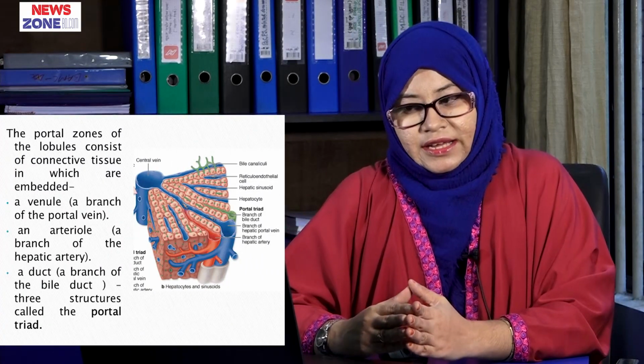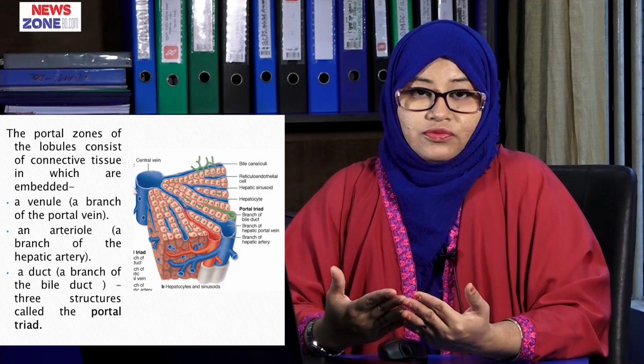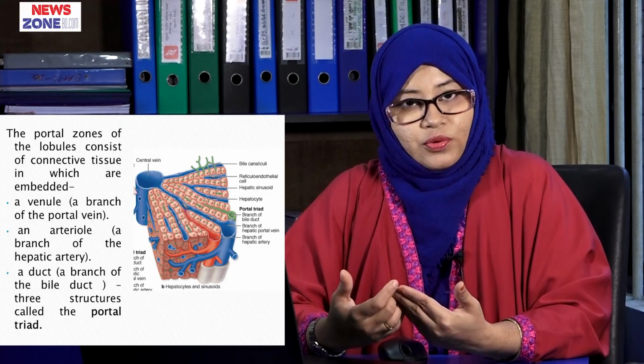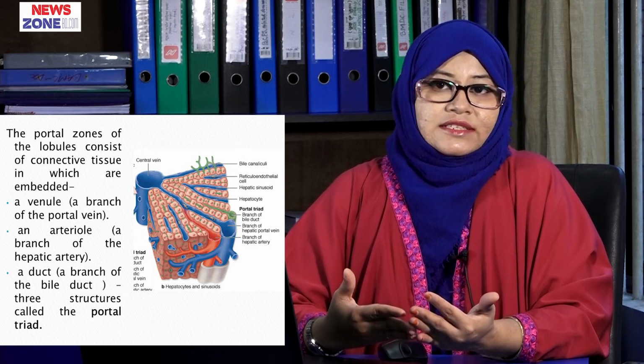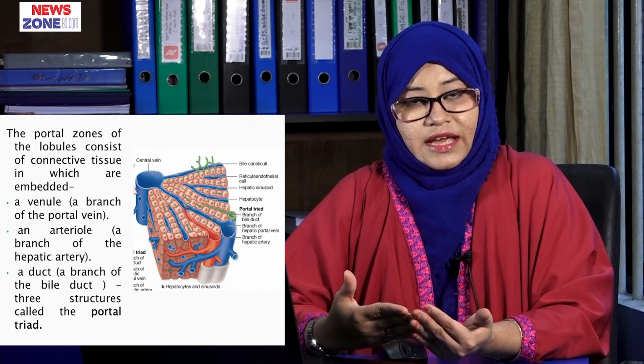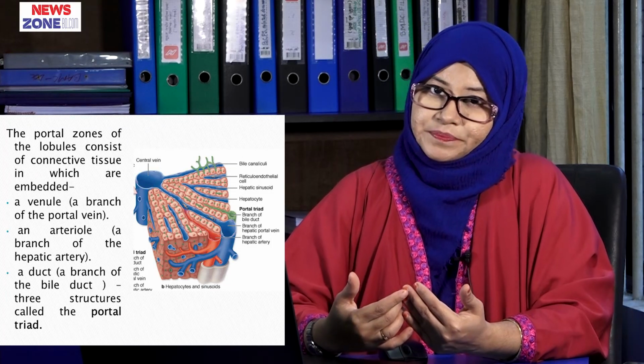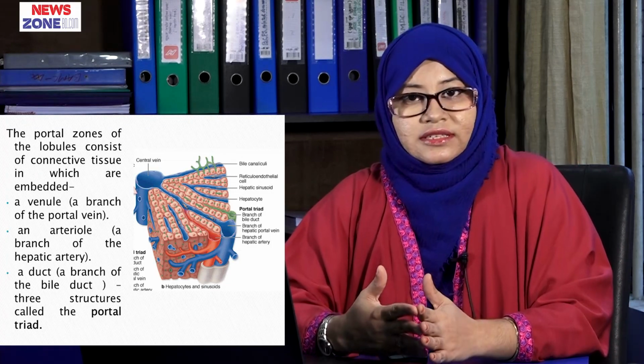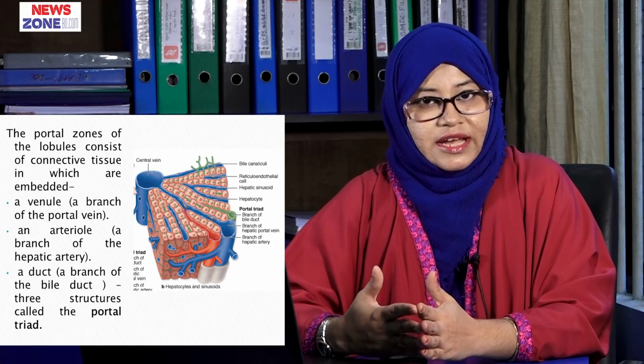These portal areas consist of connective tissue in which are embedded branches of the hepatic artery, branches of the portal vein and branches of the bile duct. And these three structures are known as the portal triad.